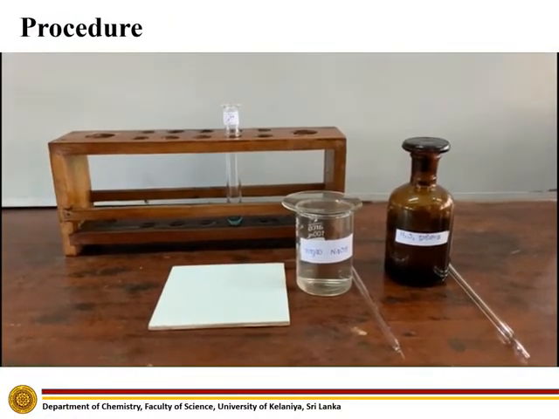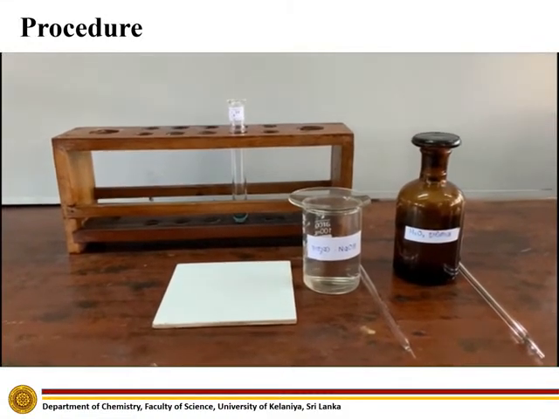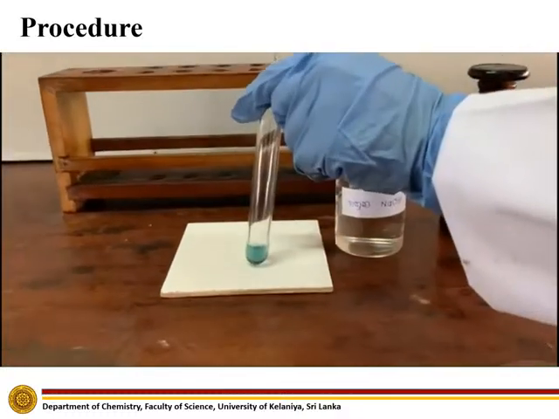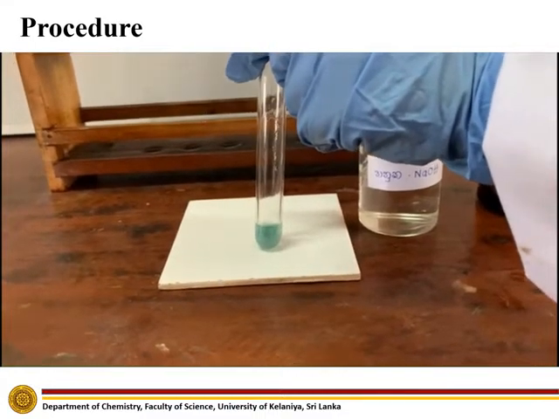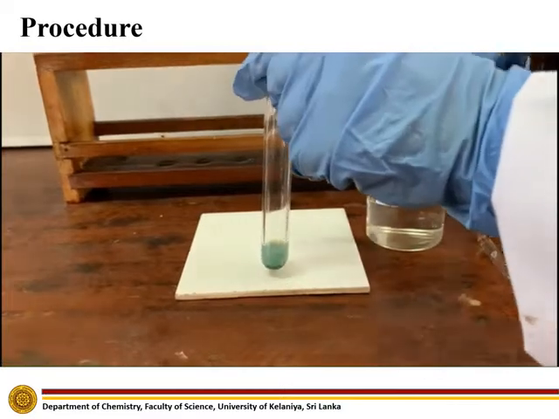Procedure: add dilute sodium hydroxide to the given chromium 3+ ion solution. A yellow color precipitate is observed.